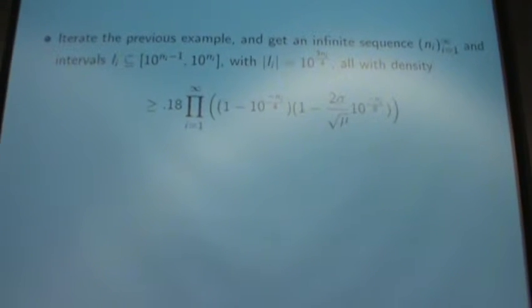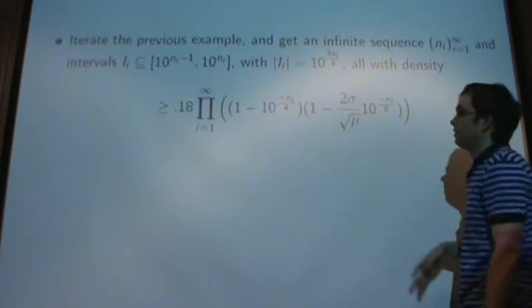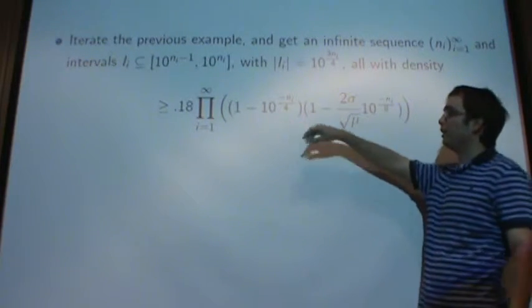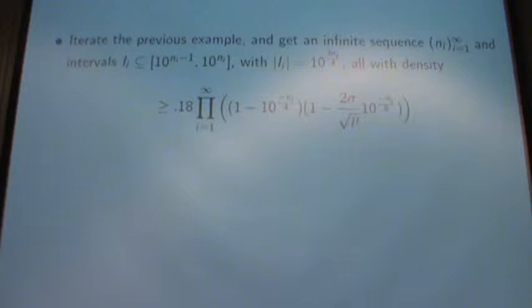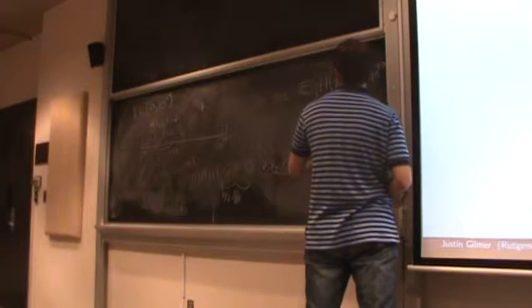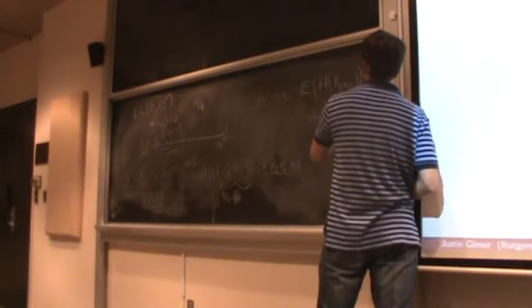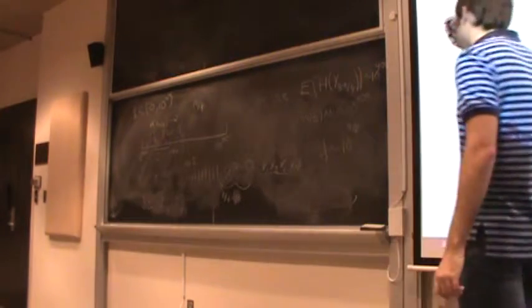And iterating this process, at each step I'm losing this much. This is from Chebyshev's inequality again. I'm always picking lambda to be about 10 to the n over 8.